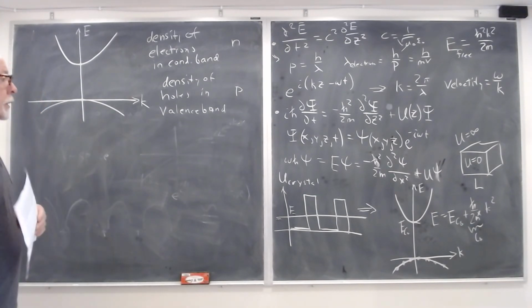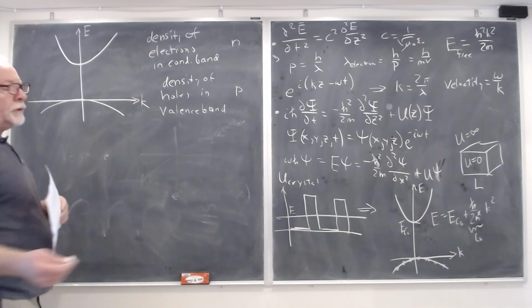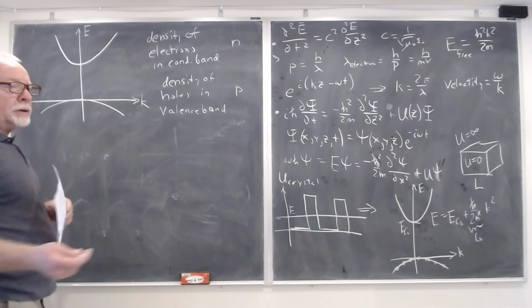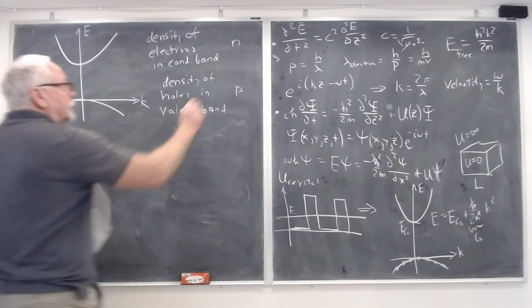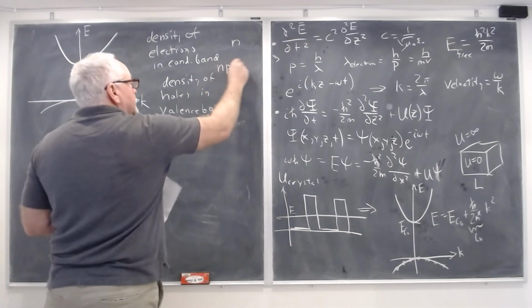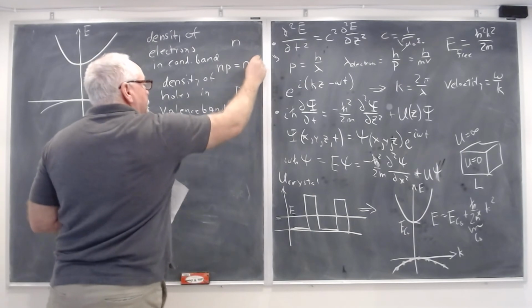And what I told you for the midterm and what we'll start to prove today is that N times P is always equal to something called Ni squared.